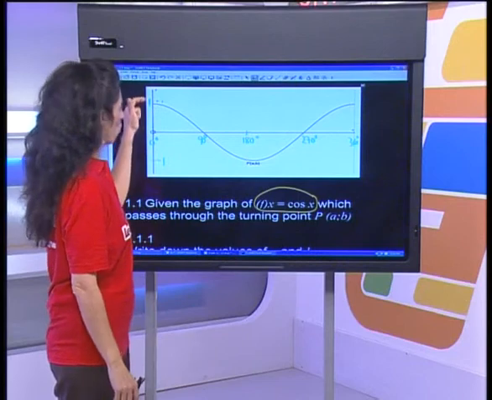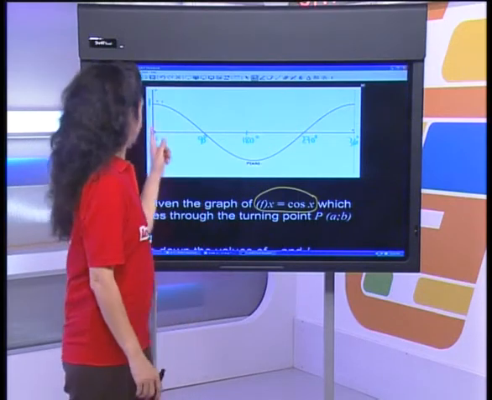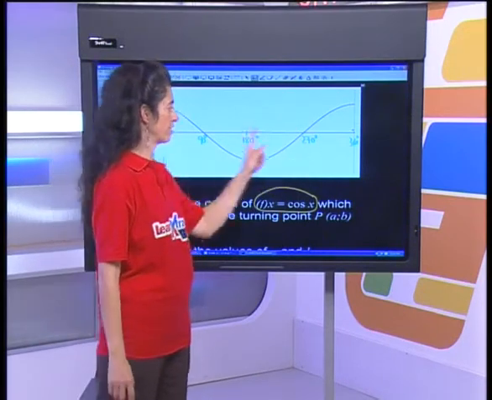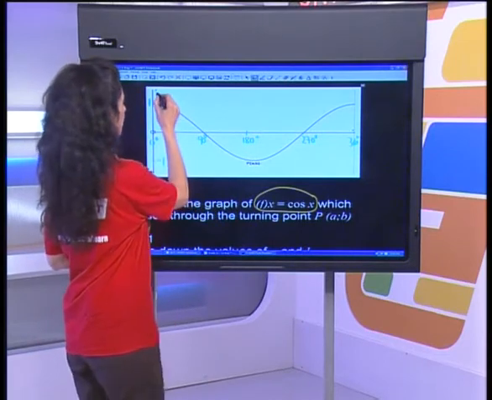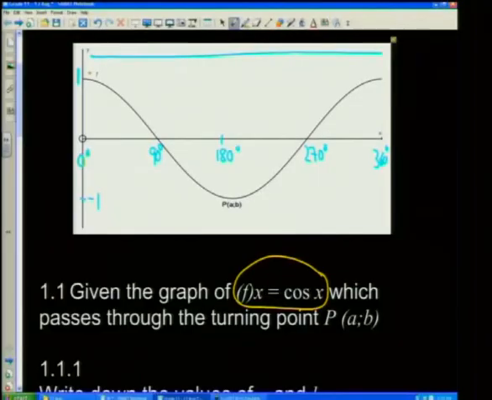And for it to get from a 1 to another 1, it takes this graph 360 degrees. And that 360 degrees is what we call the period of the graph. It is how many degrees it takes for one cycle to take place. So from a -1 to another -1, it would be 360 degrees.